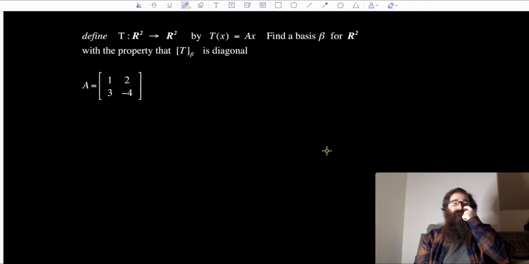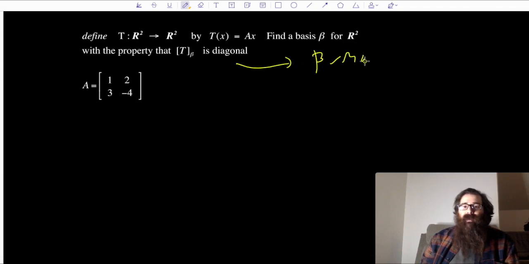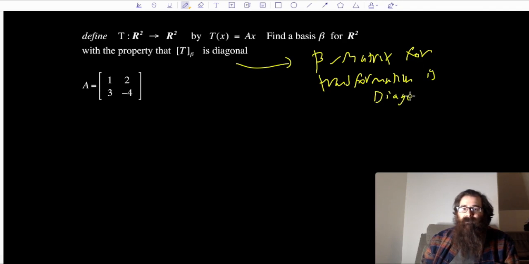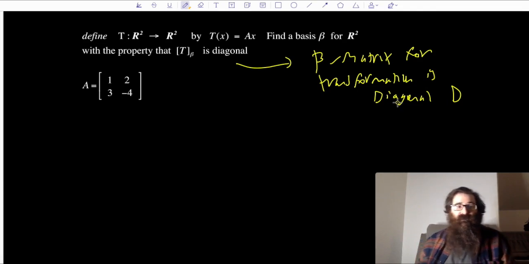This is a new notation, but it is saying find a basis beta for R2 with the property that the beta matrix for the transformation is diagonal, some diagonal matrix, capital D. So assuming it's a matrix, right? This is really asking me to interpret diagonalization, which we talked about in the previous section. So this really ties together the two sections very nicely.